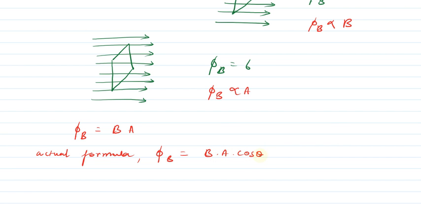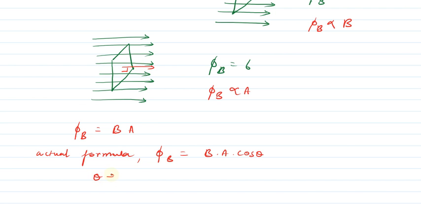Here theta is the angle between the area vector and the magnetic field vector. The area vector is the perpendicular or normal to the surface.